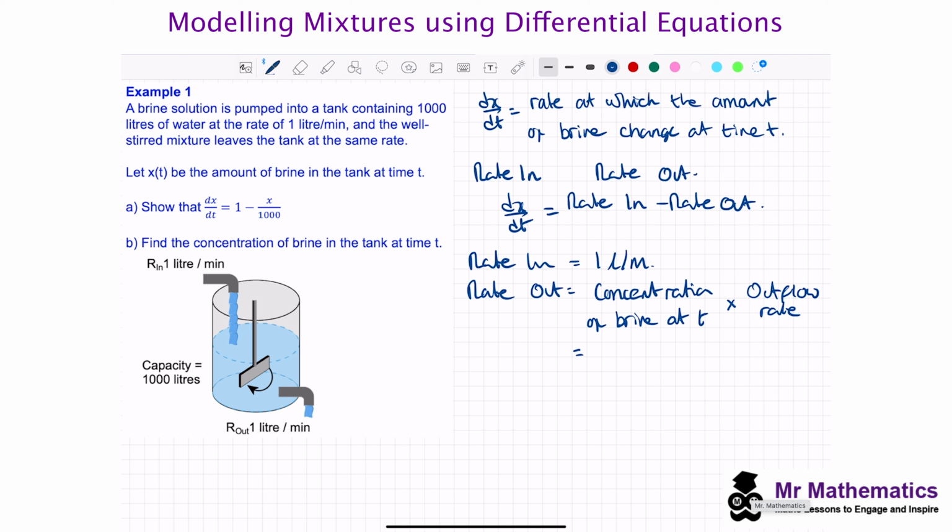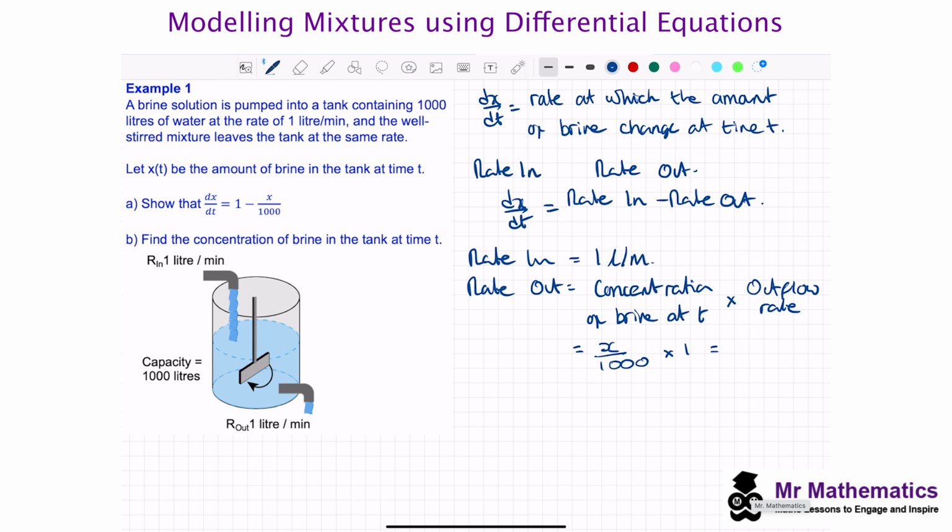So the concentration will be x over 1000. And the outflow rate, we're told it is leaving the tank at the same rate at which it is entering. So again, this is 1. So the rate out is x over 1000.